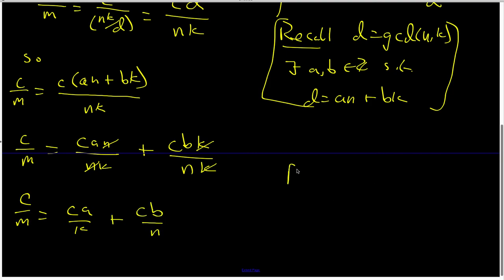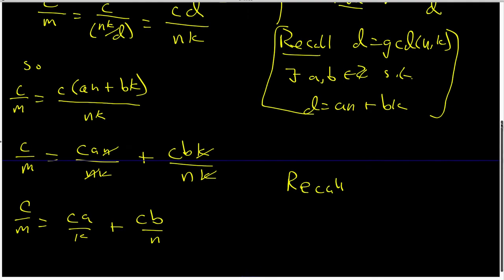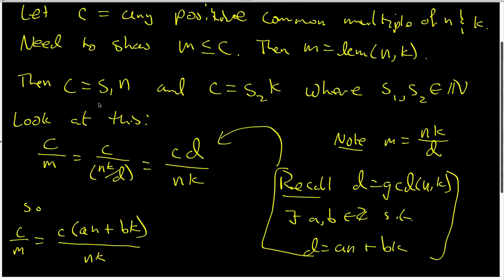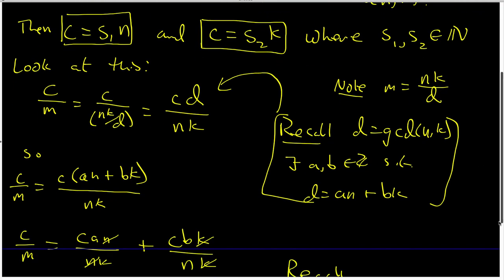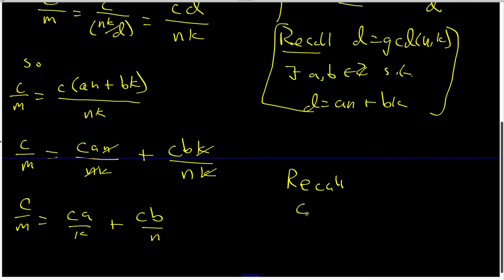But recall, and I'm going to go back and show you for this in just a second. Remember, we have c is equal to s1 times n and c is equal to s2 times k. So as a consequence, we can say that c over n is equal to s1 and c over k is equal to s2.